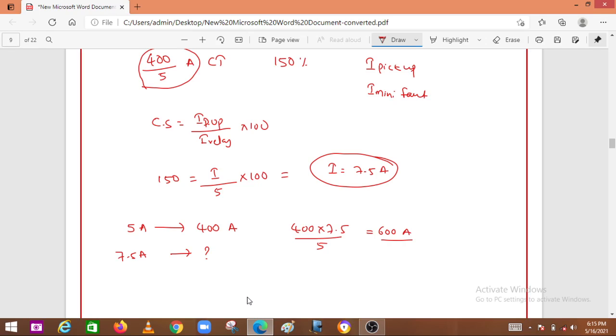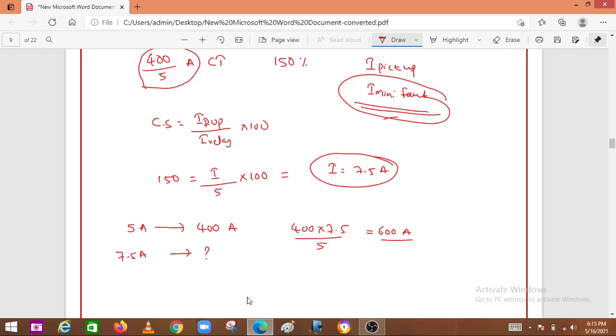So if you calculate the primary side current, that is nothing but your minimum fault current. This is a trick, or technique, involved in the calculation of minimum fault current. In the textbook there will not be this type of thing, so based on your understanding only you have to calculate this type of problems.